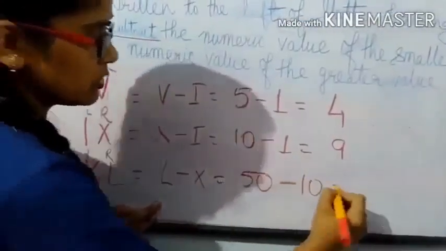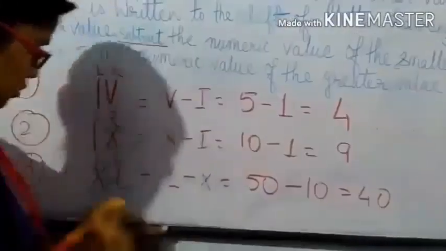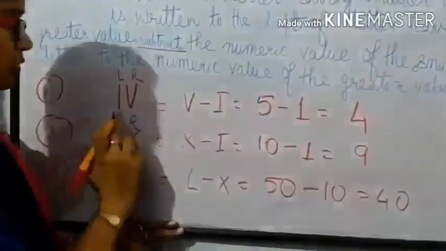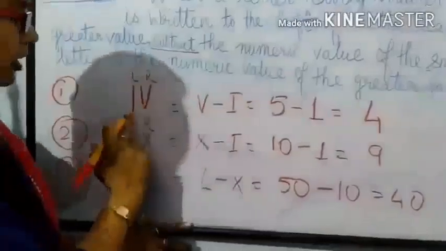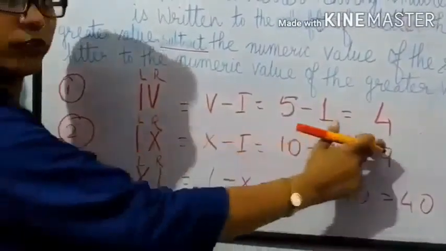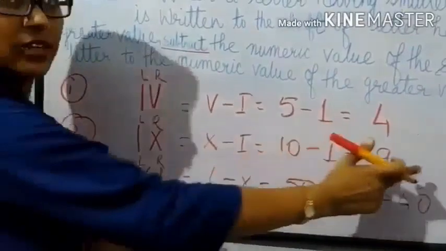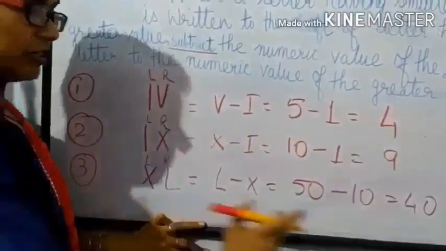So 50 minus 10 is 40. So XL is equal to 40. Now see, IV means 4, IX means 9, and XL means 40.